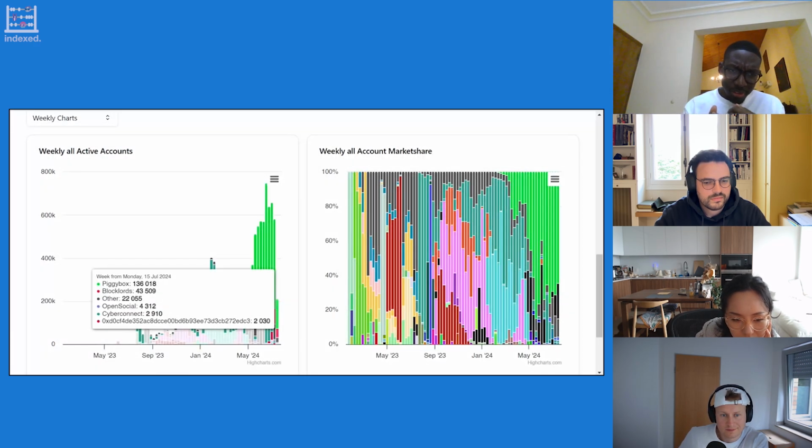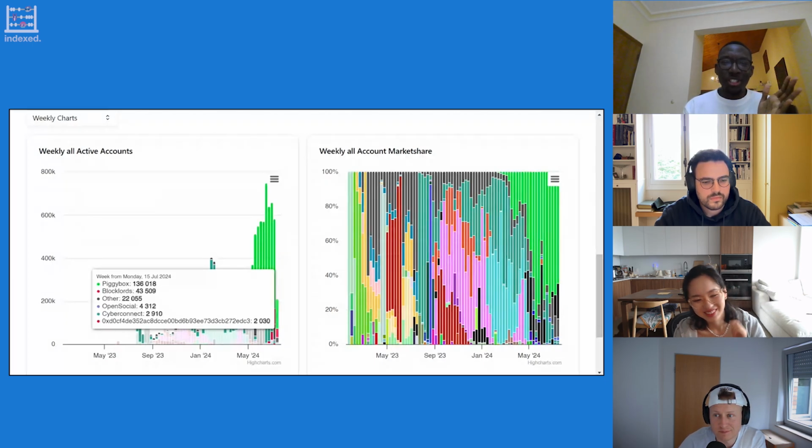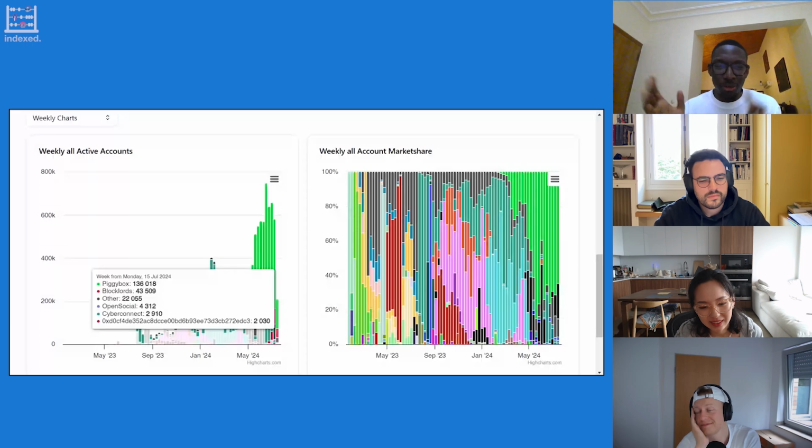Piggybox, Blocklords, and CyberConnect. Piggybox is tied to this token farming app called Earnum, where people can earn tokens by completing random quests, like follow this project on Twitter or join this Discord, stuff like that.